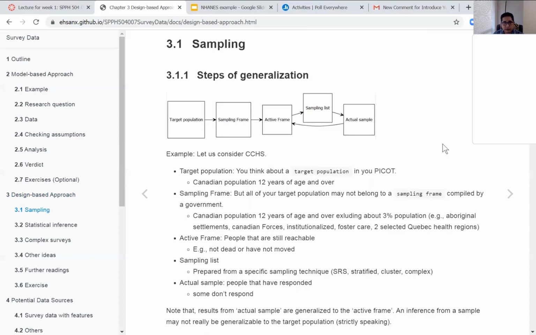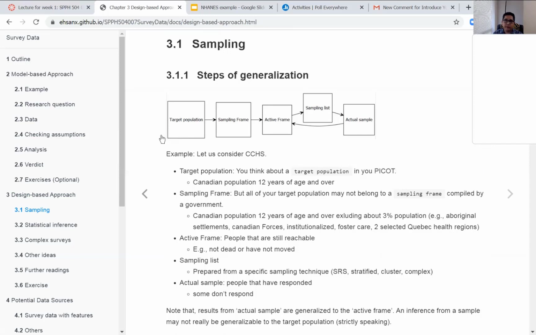So think about when, say, the Canadian government is interested to know what is happening within the Canadian population, so that the Canadian government can make some decision about what is needed. Say, is there any health disparity, whether some particular group is not accessing healthcare or things like that.